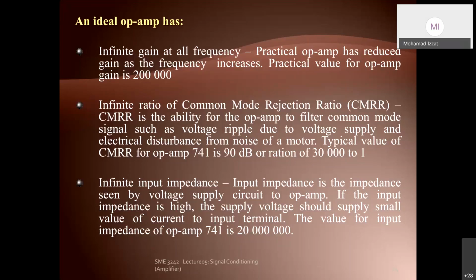But in the real world, things that engineers create must have limitations, and you can see that from here. For example, according to the ideal, according to the design on paper, in theory, gain can be infinity. But practically, based on our design, based on our semiconductor and its properties, gain can only reach 200,000. Gain means V out divided by V in, and the maximum value is only 200,000, not more than that.